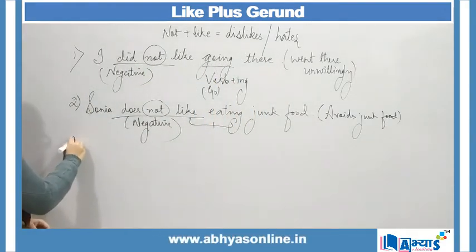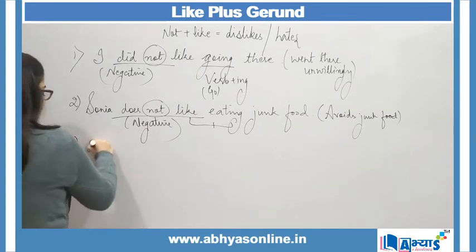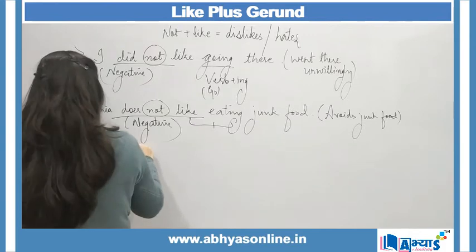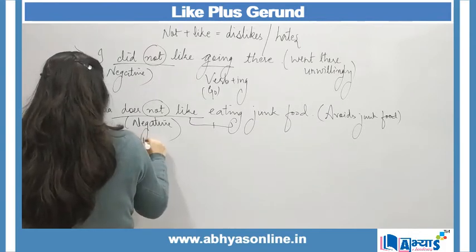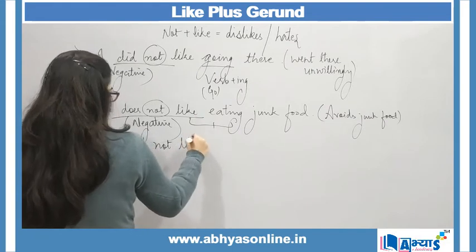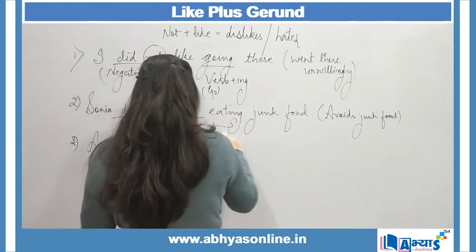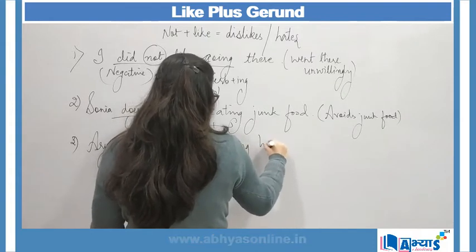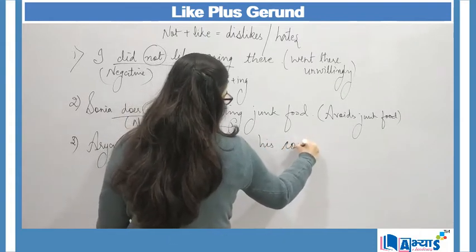The third example can be: Aryan did not like meeting his cousins.